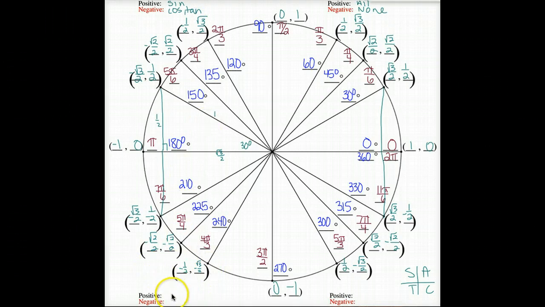In quadrant 3, we know that the tangent is positive, which means that the sine and cosine are both negative. In quadrant 4, cosine is positive, so sine and tangent are both negative. And this is the unit circle.